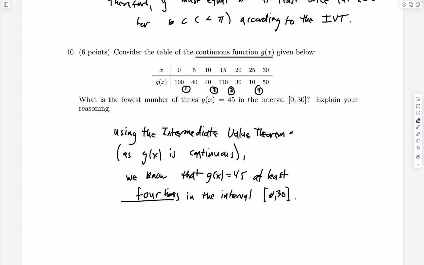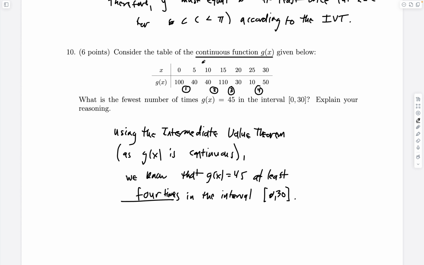Perfect. There we go. Question 10, again, using the IVT, make sure we check continuity and recall that we can only find the fewest number of times here. It's at least 4, but it could be more. But the IVT can't guarantee more. That's the big emphasis, and that's why I'm saying fewest number of times. Fewest means that there's a set number. There's 4 times for sure, but the graph could have done more.